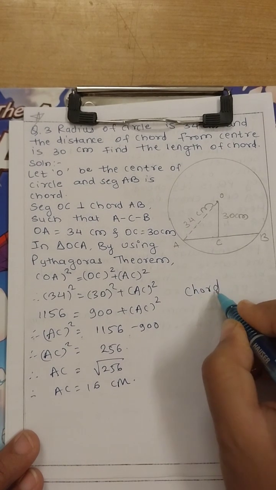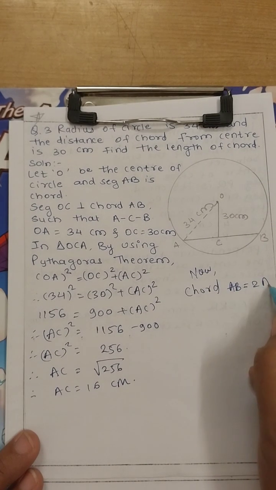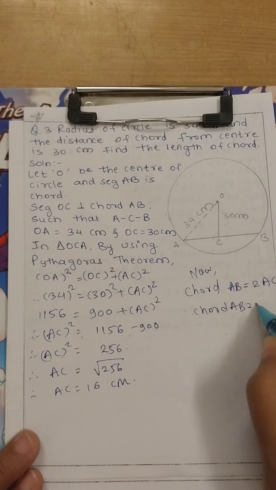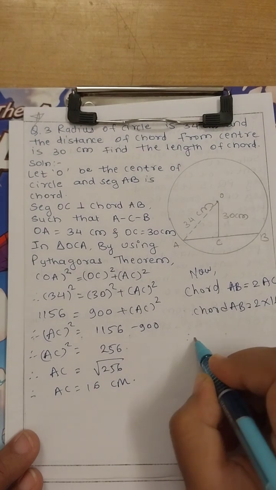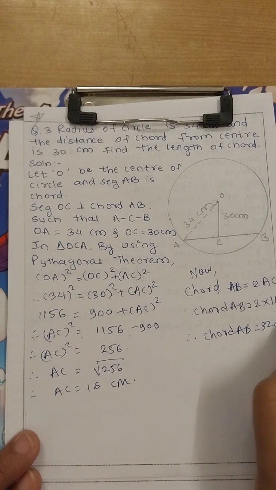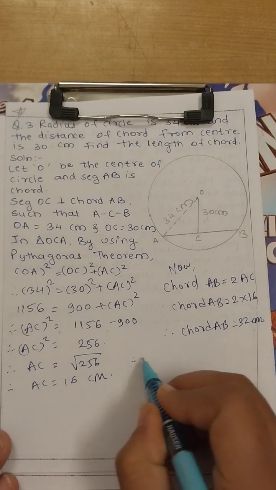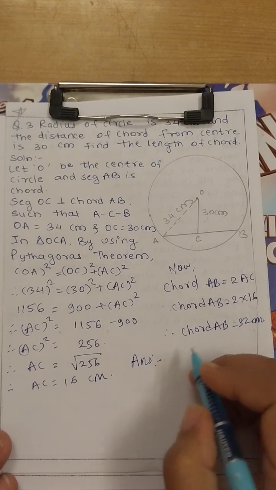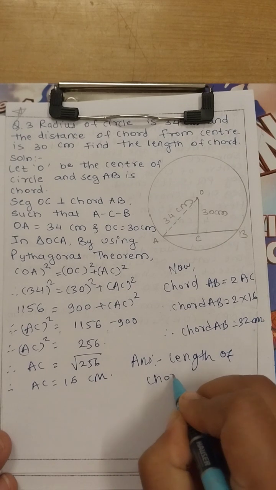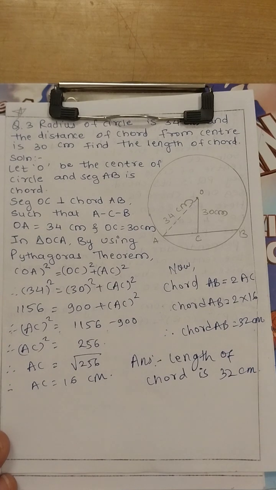Chord AB is 2 times AC, therefore chord AB is equal to 2 into 16, which is 32 centimeter. Are you getting? Therefore, write down the final answer: length of chord is 32 centimeter.